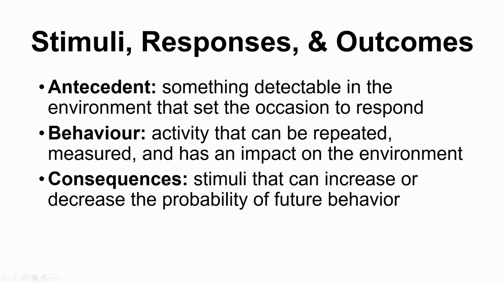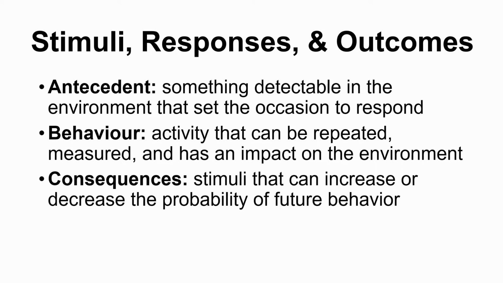And then our consequence is sort of a stimulus or event that can increase or decrease the probability of future behavior. So our consequence is the outcome. So if you push that lever and you get food, you're more likely to push that lever in the future. If you push that lever and the lights go out and it's dark, then maybe you're less likely to push the lever in the future.